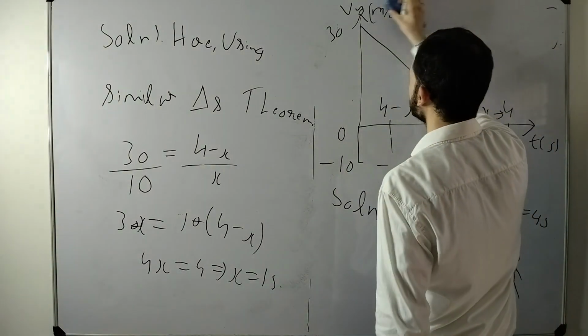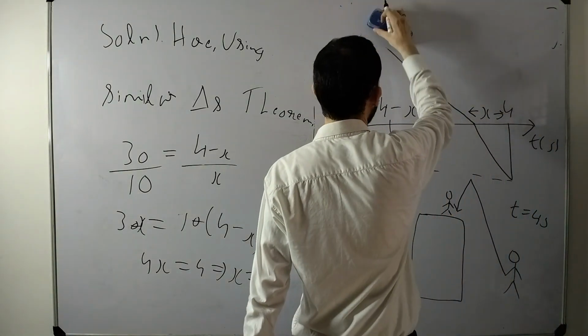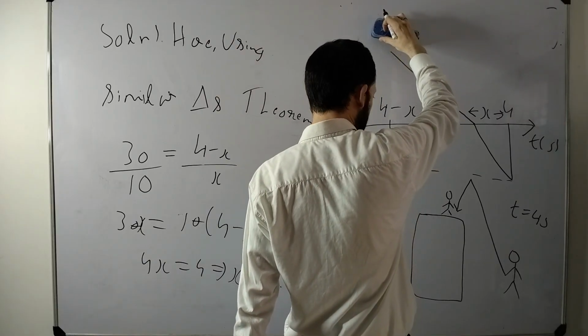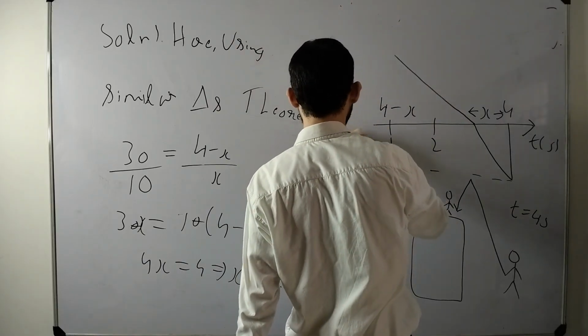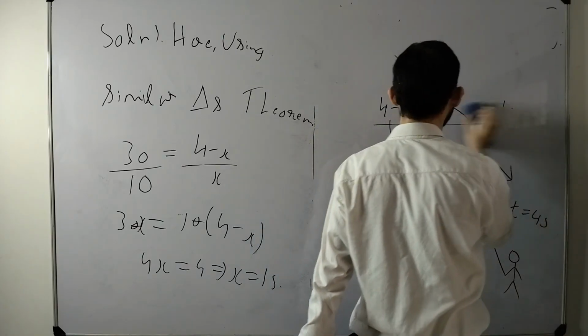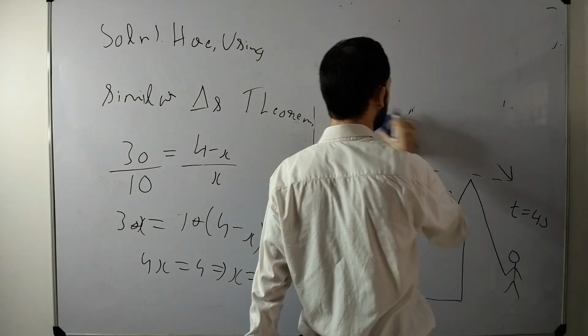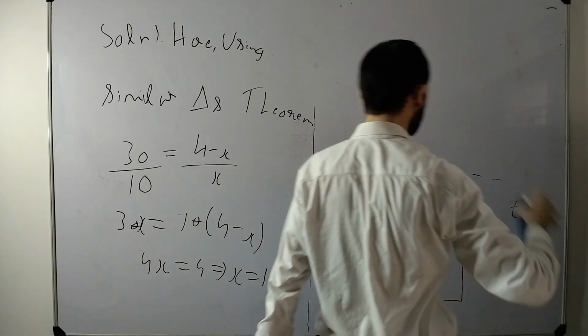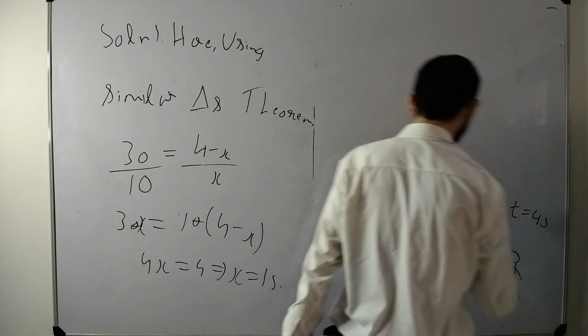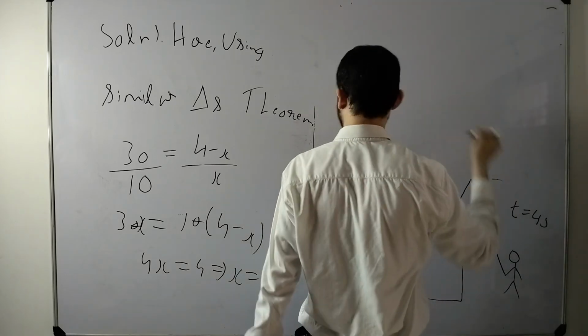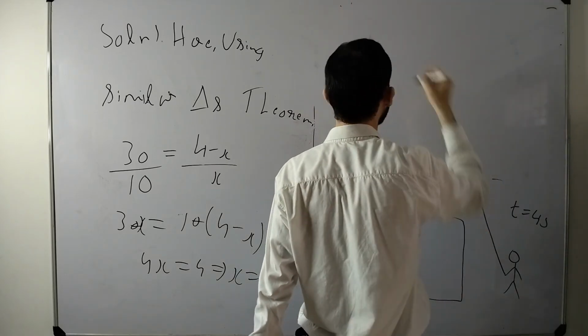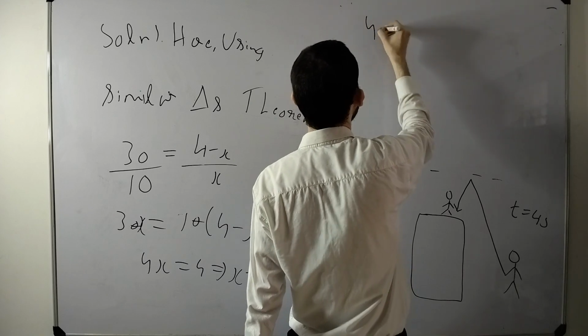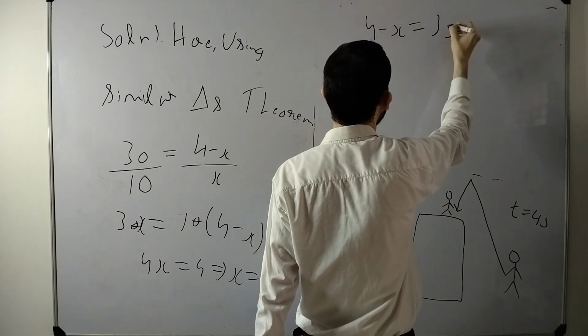Now the next part. So we don't actually need to erase this part. We will not erase this, no? Throwing figure. So what does this become? It becomes actually 4, this is x, 1 second, and this is 4 minus x, and this becomes 3 second.